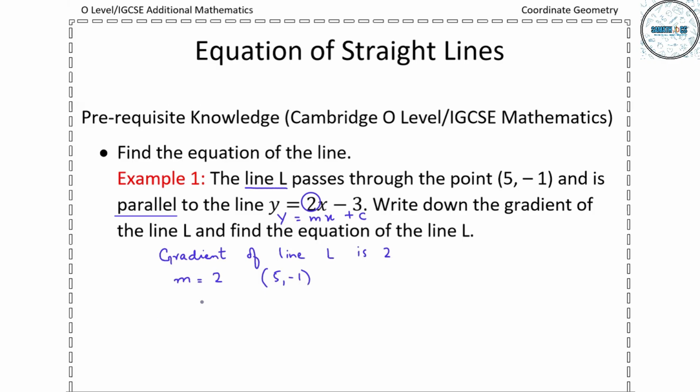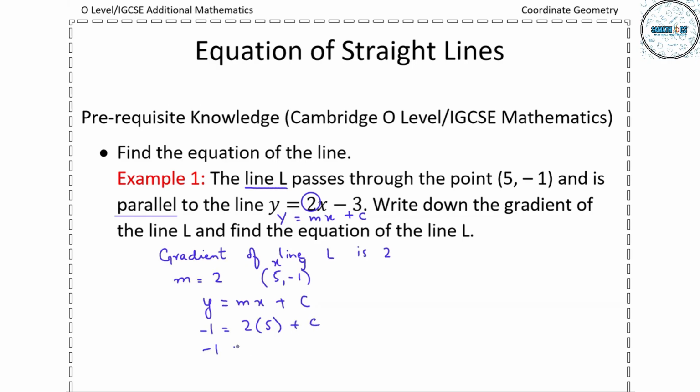To find the equation of the line, we have to substitute these values in y = mx + c so that we can find c, which is the y-intercept. This is x and this is y. So -1 = 2 × 5 + c.